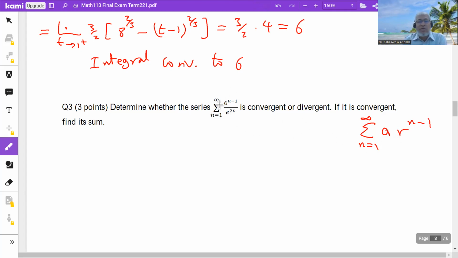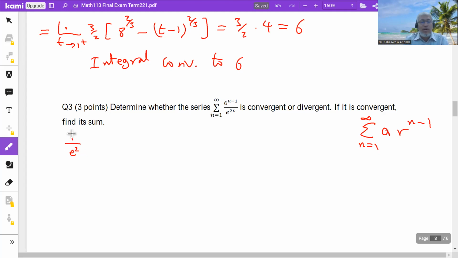So either you try to write this series in this form, or simply you can find the first 3 terms of this series. So when you replace n by 1, the series would be equal to what? 6 to the power 0, which is 1, over e to the power 2.